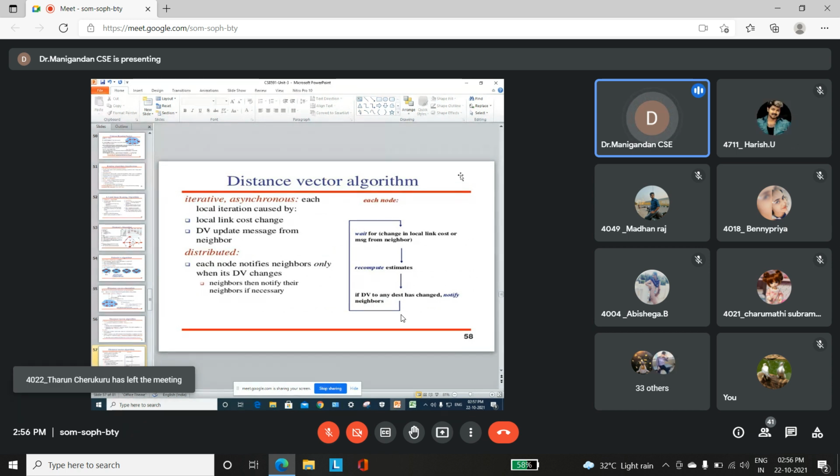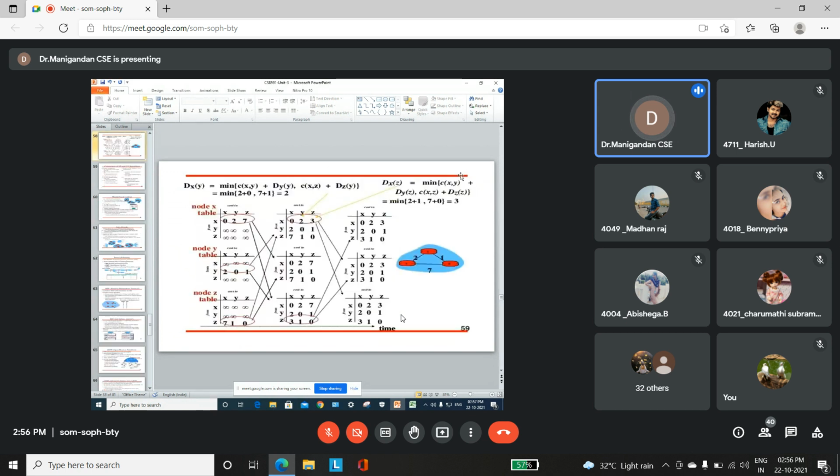So it is iterative, meaning a cyclic process, and asynchronous, since messages are updated to neighbors. It is also distributed: when a neighbor changes its distance vector, it notifies its own neighbors. These are the processes carried out in the distance vector algorithm.